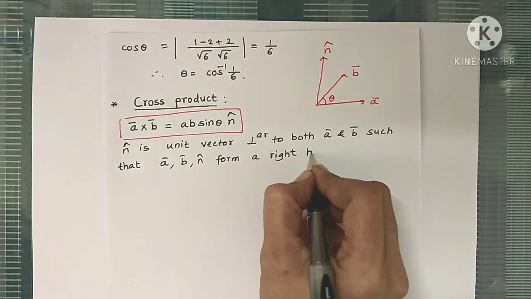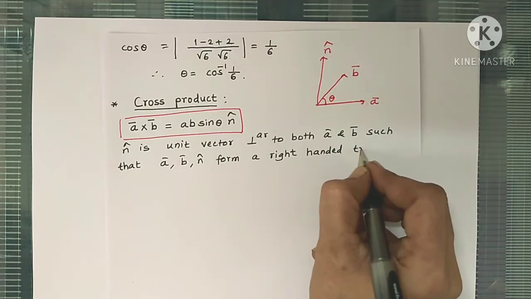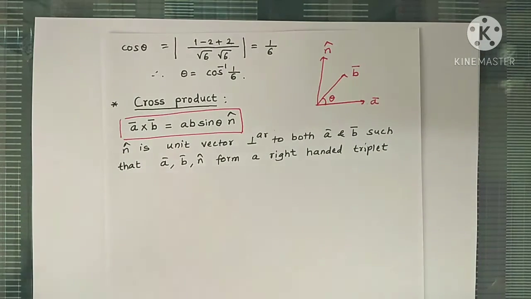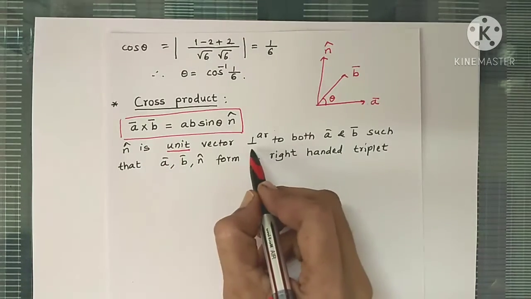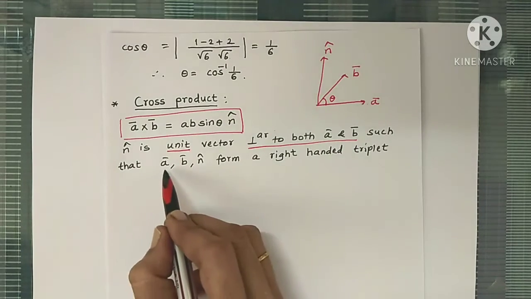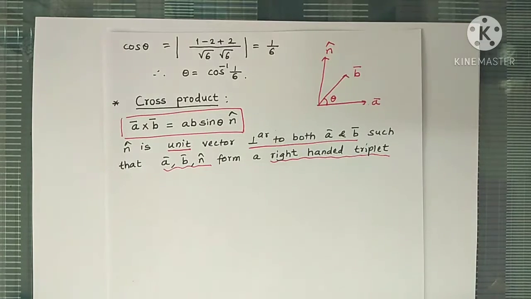See, we have three conditions for this n cap. What are those? First condition is it is a unit vector. Second condition is it is perpendicular to both a bar and b bar. And third condition is a bar, b bar, n cap form a right-handed triplet.